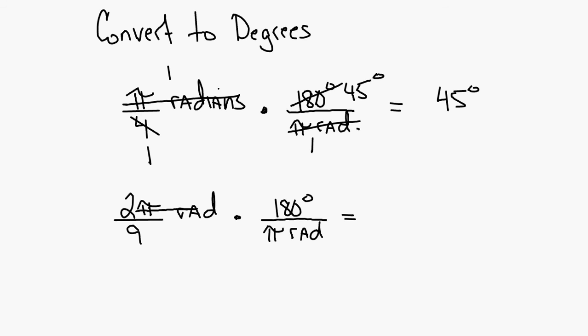That cancels with the pi radians. 9 goes into itself once, and it goes into 180 20 times. So 2 times 20 is 40 degrees. If you get confused, whatever you're converting to goes in the numerator of the multiplier, because it always sticks.